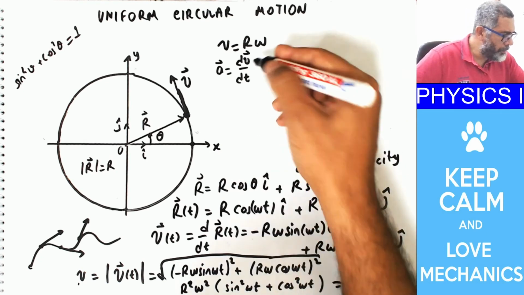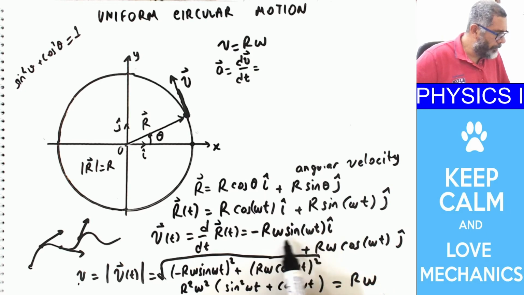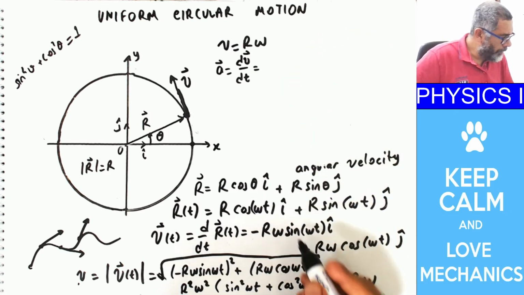Let's calculate this. The first thing that you should do is take the derivative of the first velocity component as a function of time. Sine omega t is the only term that depends on time.